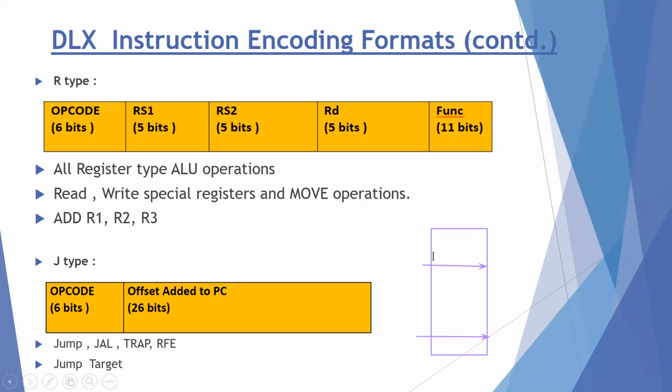So what do you write down? Do you write the actual address, or you just write the offset or the displacement? You write the displacement.